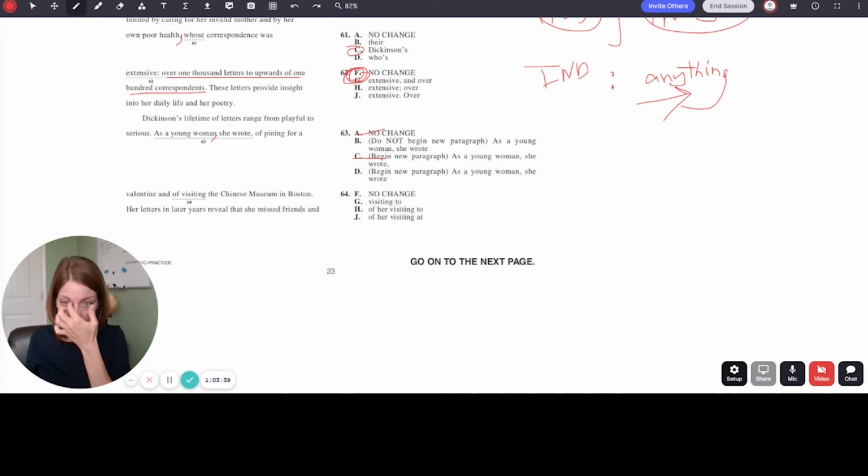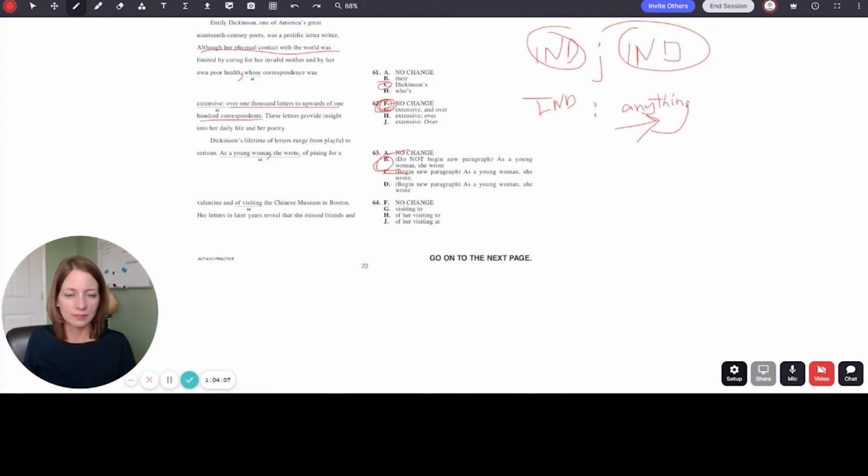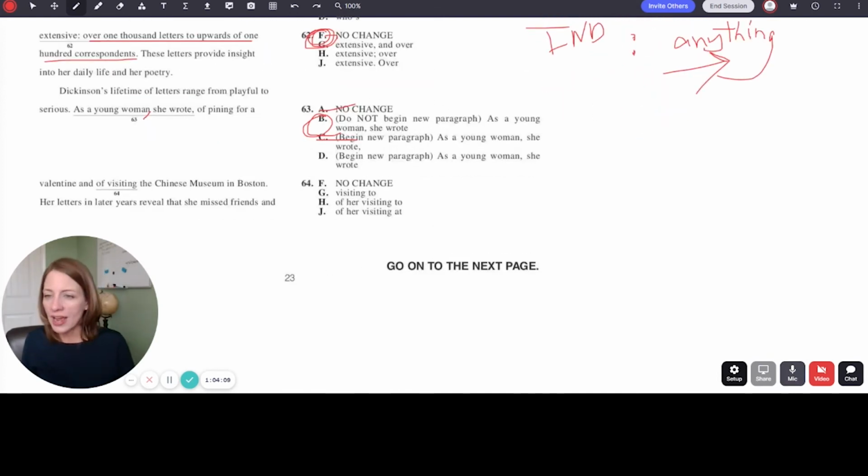So, and it illustrates the kind of letters, playful to serious, pining for a Valentine. That's a type of, she's illustrating now. So we're not gonna begin a new paragraph. As a young woman, she wrote of, okay, we're going to stay in that paragraph. I mean, it's only the second sentence into that. So why would we want to change? Okay. All right.